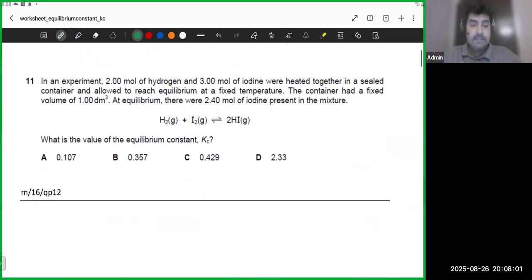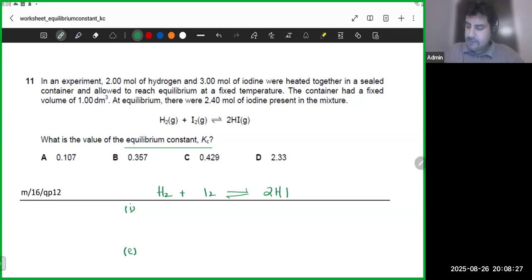We were doing questions related to calculating Kc. You have to find what the equilibrium constant Kc is. So for example, I've got this reaction where the reaction is given H2 and I2, and they are in equilibrium and they're producing 2HI. You have your initial concentration, you have your equilibrium concentration.